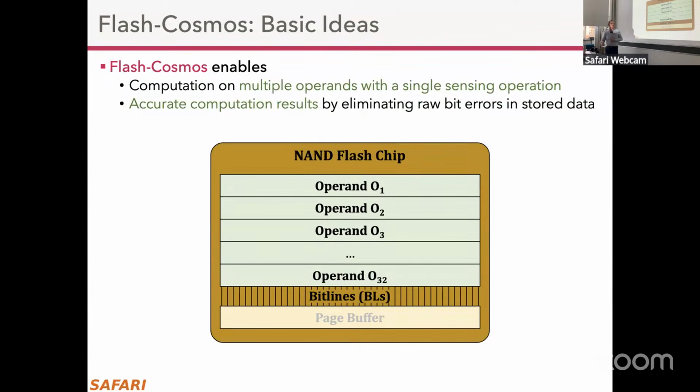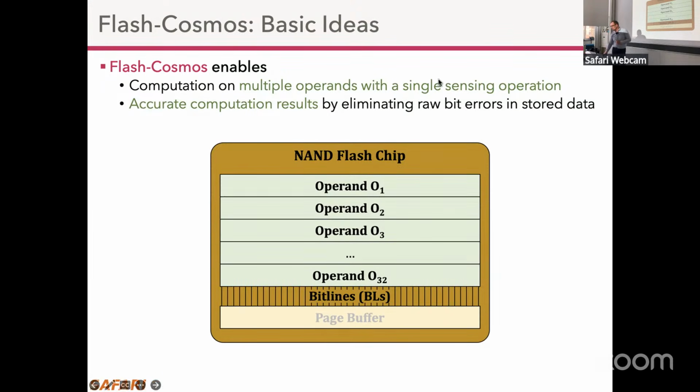Essentially, in flash memory, NAND flash memory, you can also do these operations, except they work a little bit differently. It's not exactly the same. The idea is computation on multiple operands happens in a single sensing operation. And you can make it very accurate by changing the flash controller to correct the data or to read the data more accurately.